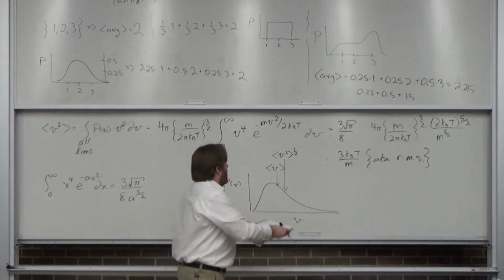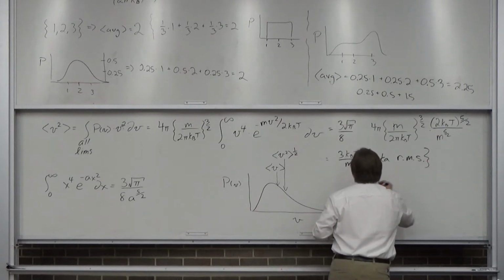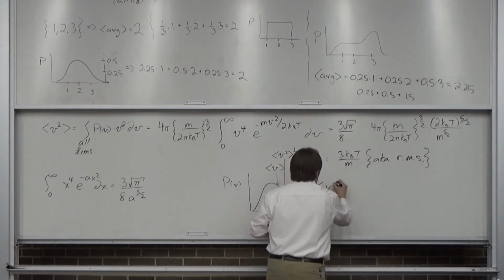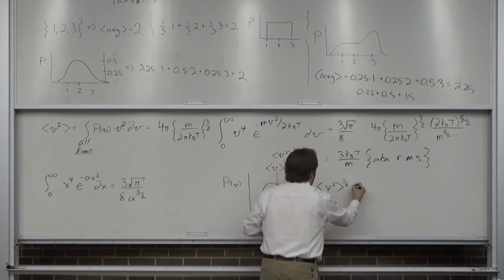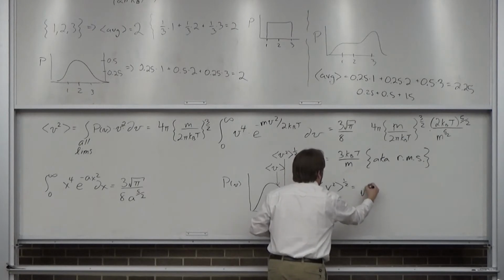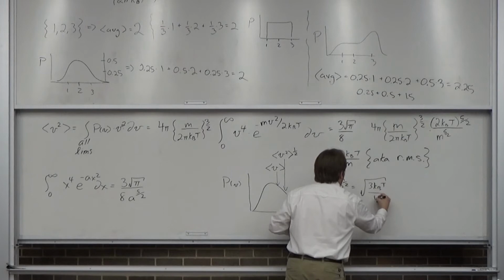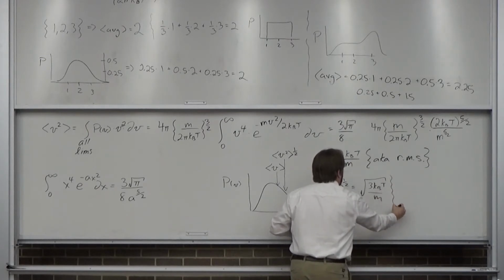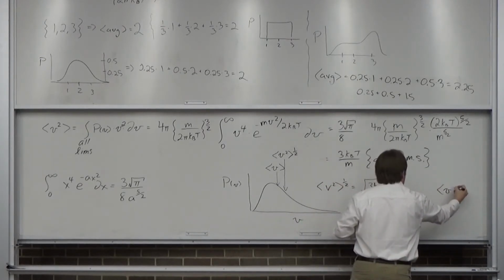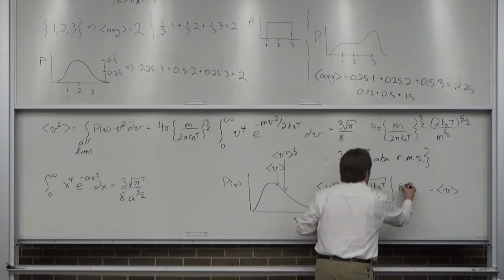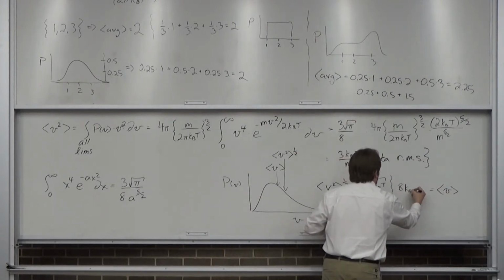And if you compare that, let me make a comparison of RMS versus average. The average, of course, is the square root of 8 kBt over pi m.